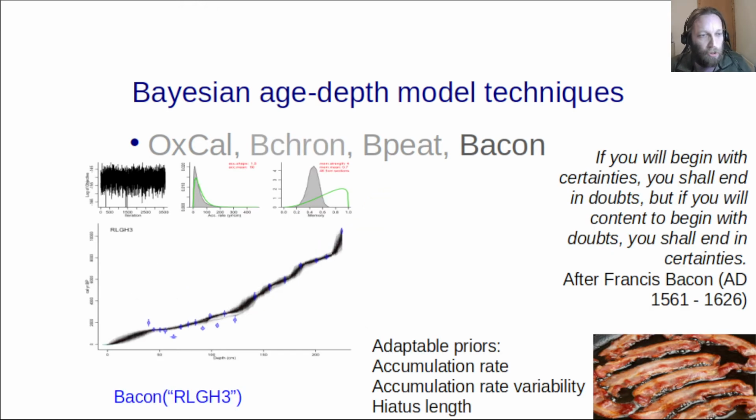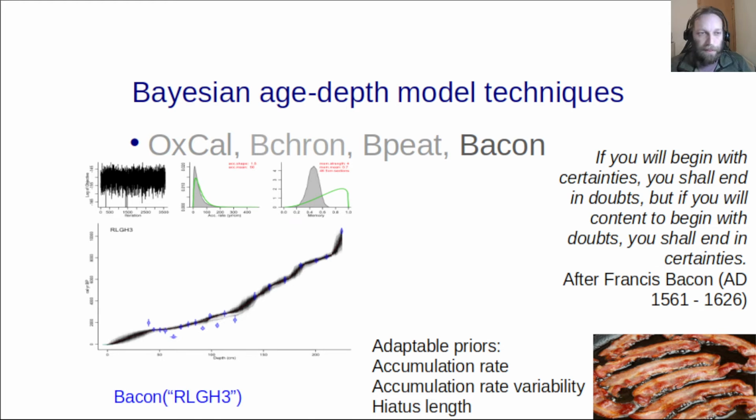And then there's also Bacon, which divides a core into many different sections, and each of those sections is assumed to have accumulated linearly. It's perhaps not a very realistic assumption to make, but the model itself looks quite flexible. Now, the accumulation rate is based on the dates, but also on prior information.